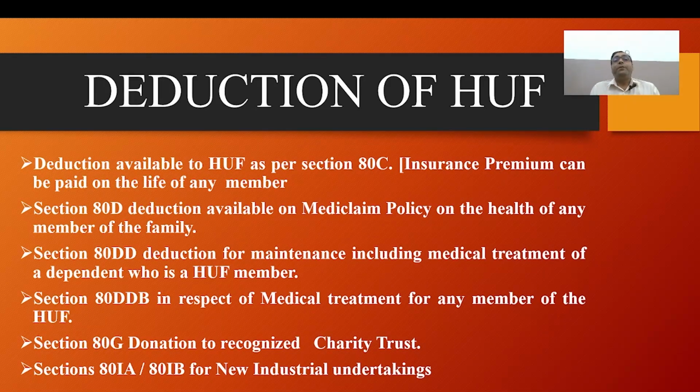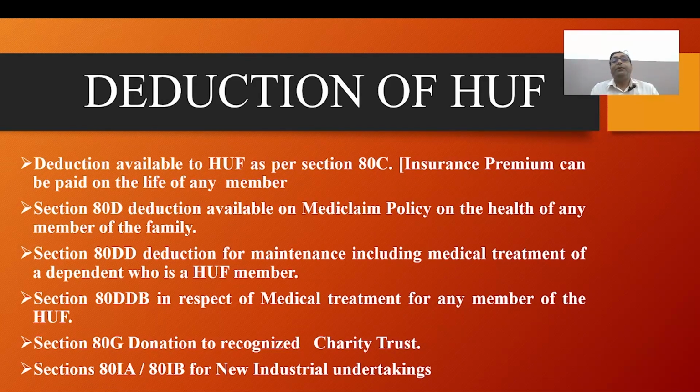It is a separate entity from a legal point of view and by accounting principles also. Individual members of the family have PAN cards, and the HUF has a separate PAN card. HUF can run its own business to generate income.